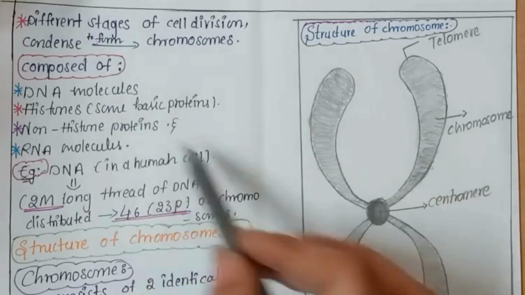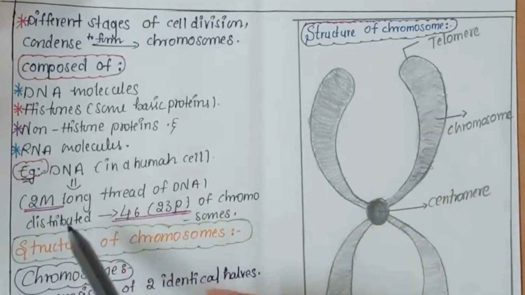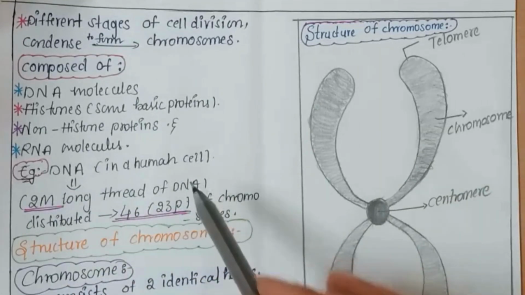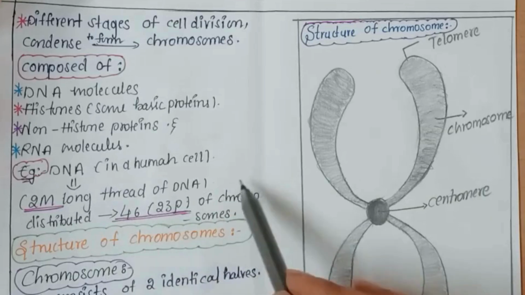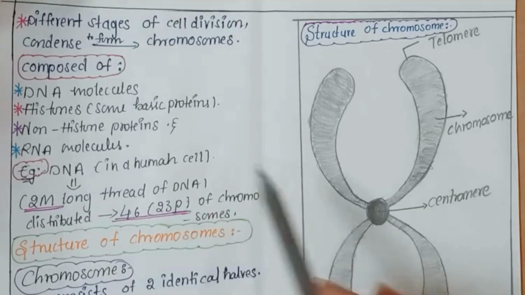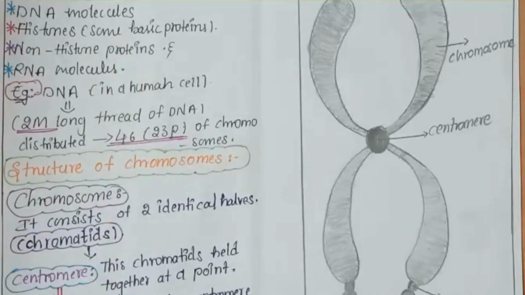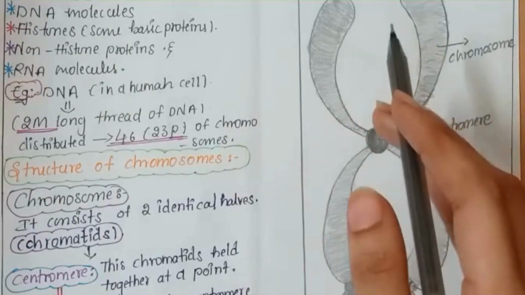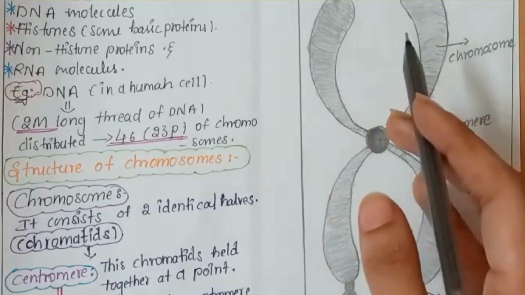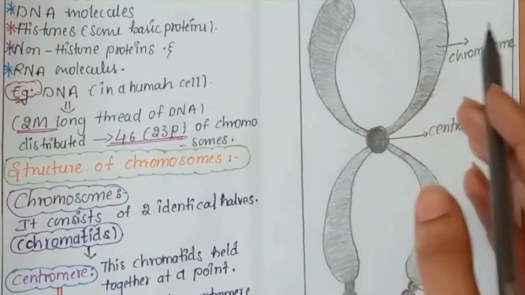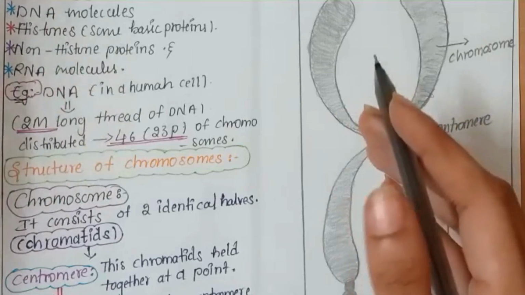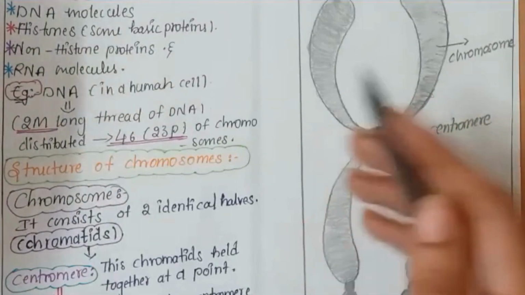In the human cell, the DNA, which is a 2 meter long thread-like structure, is distributed among 23 pairs of chromosomes. At different stages of cell division, which we are going to discuss in chapter 10, cell cycle and cell division, in detail, the chromatin material is condensed to form chromosomes.